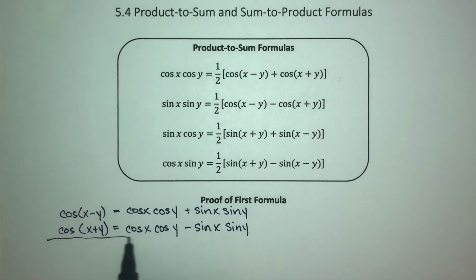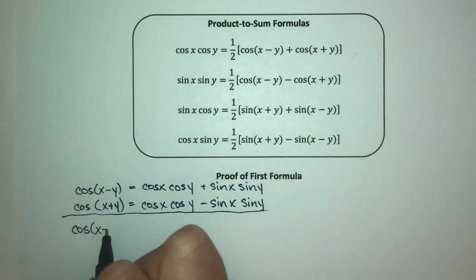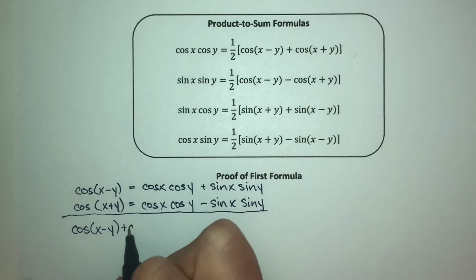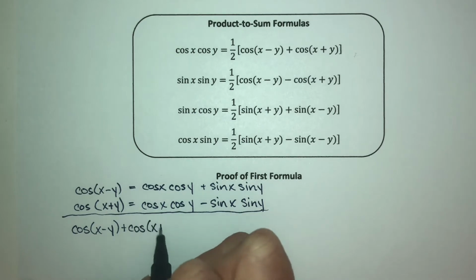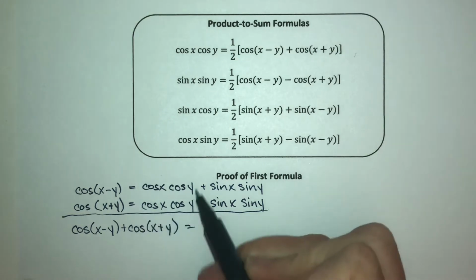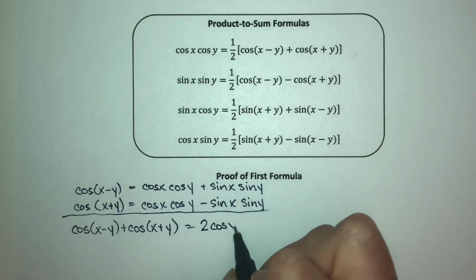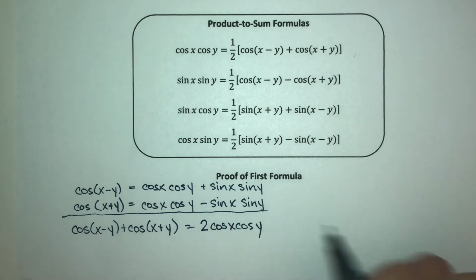Now, if I add these together, I get cosine of x minus y plus cosine of x plus y is equal to, these are the same, so I have 2 cosine x cosine y, and these cancel out.